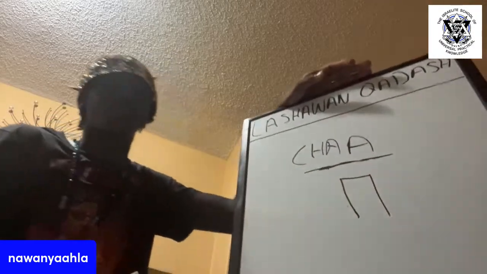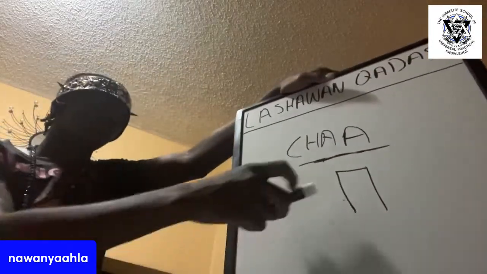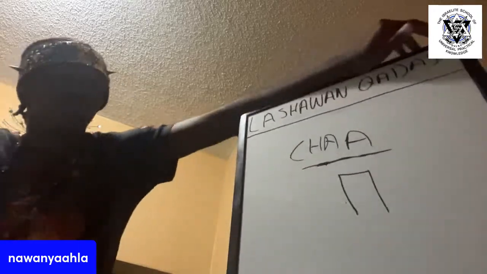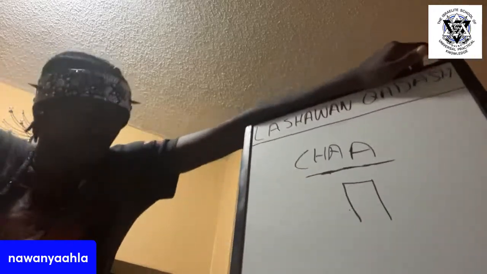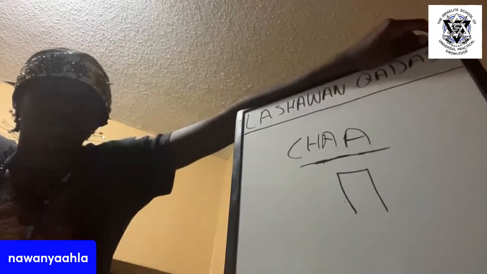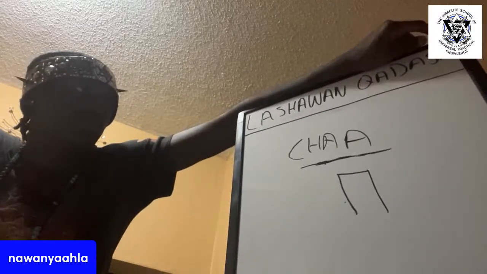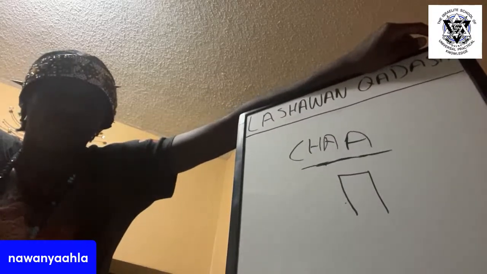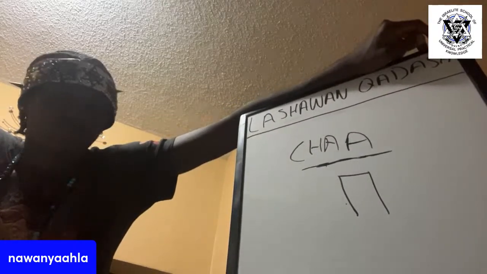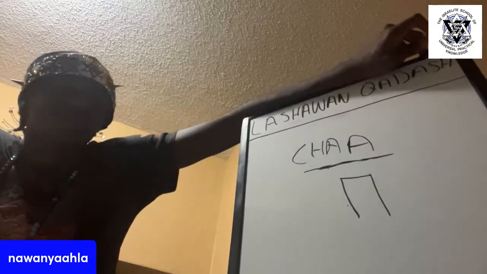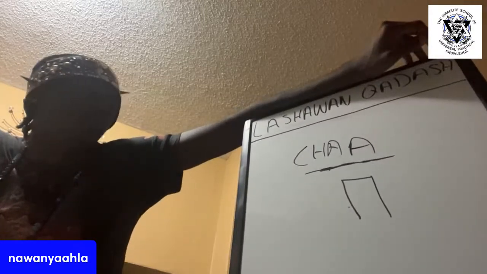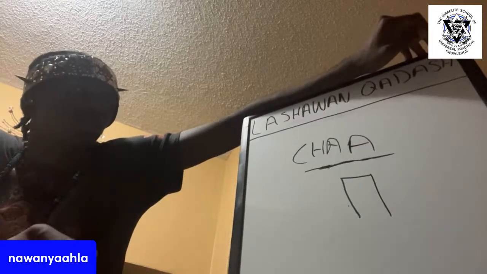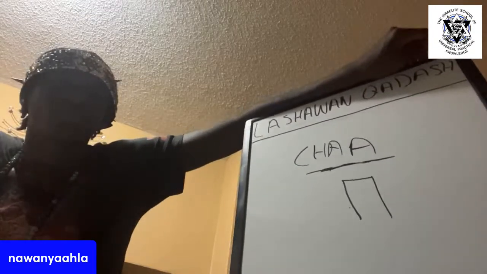It looks just like the Ha, but the Ha is missing a third of a leg. This one has the whole leg, the whole nine. This is the Ka in the Assyrian Hebrew. All the Paleo Hebrew and the Assyrian Hebrew, it has the same sounds, different symbols, different characters.